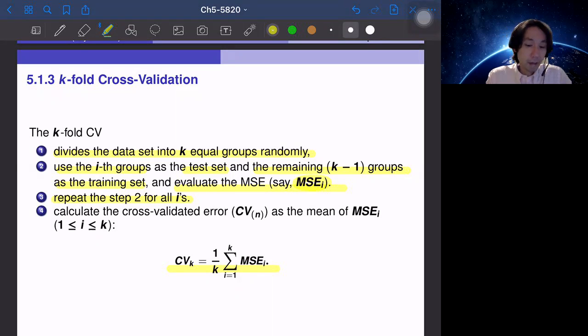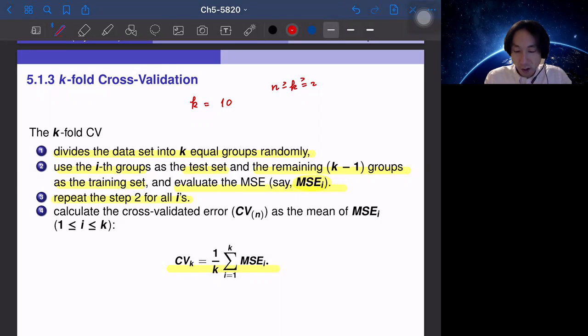And maybe the common choice is k equal to 10. Some packages in R use k equal to 10 as default. And usually people don't care too much about this number, so you can choose an arbitrary number. At least k should be 2, and at most n. So k is between 2 and n.